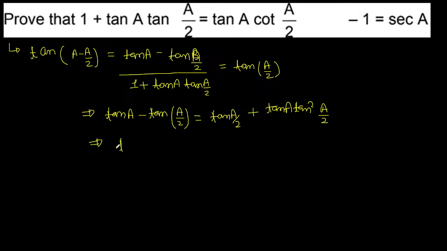We are getting tan a by (cot a by 2 minus 1) equal to 1 plus tan a by 2.